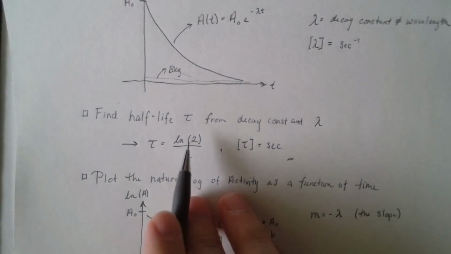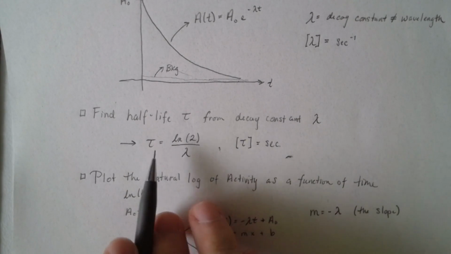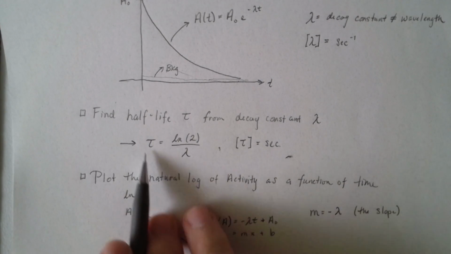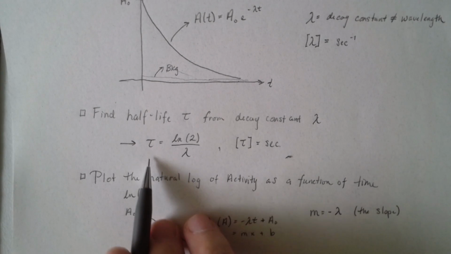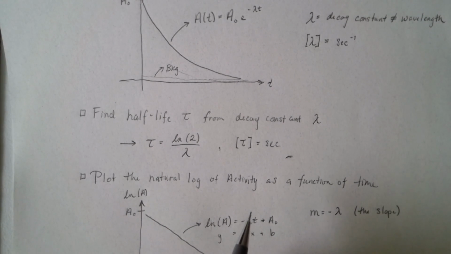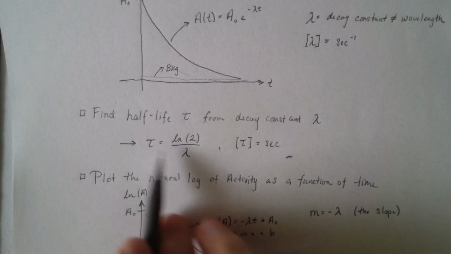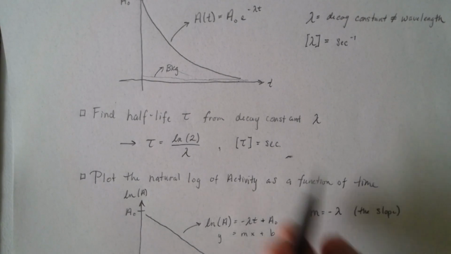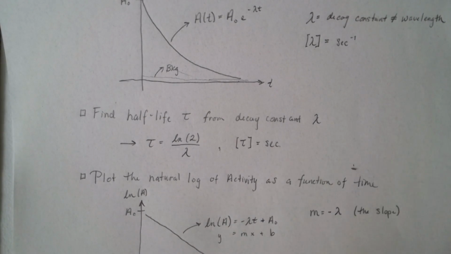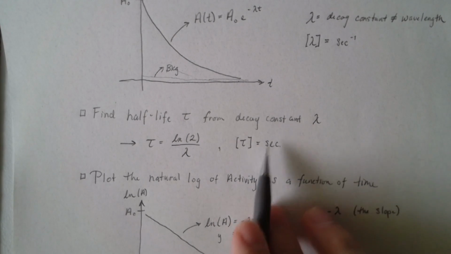So from this particular graph, we'll hope to find the half-life tau from the decay constant lambda, and if we do a little bit of algebra and some arguments on finding when we have half the original activity, we can then find this particular equation where the natural log of 2 over lambda gives us the half-life. And here, the half-life itself is given in just time, or in seconds.